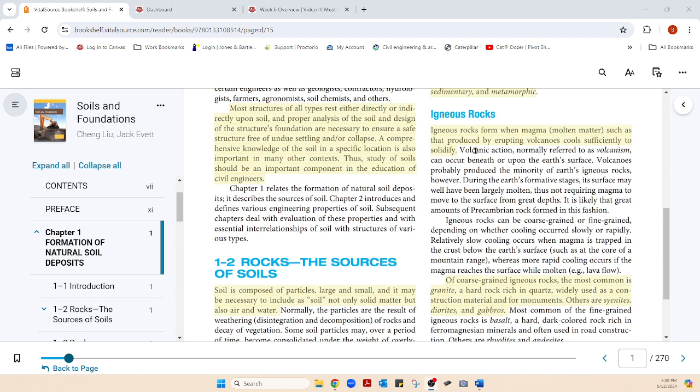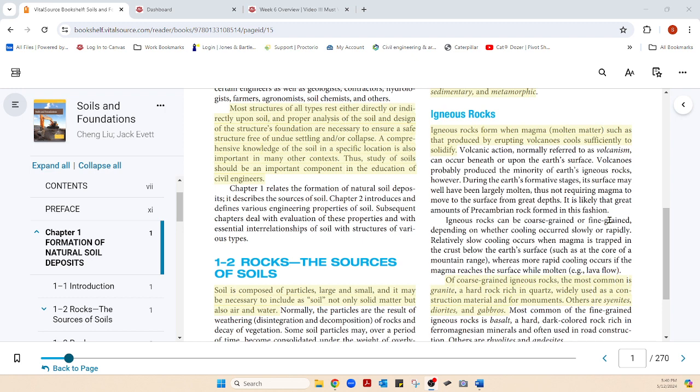It goes on to say that volcanic action, normally referred to as volcanism, can occur beneath or upon the Earth's surface. They probably produce the minority of Earth's igneous rocks. I can let you read the rest about igneous rocks. They can be coarse grained or fine grained.